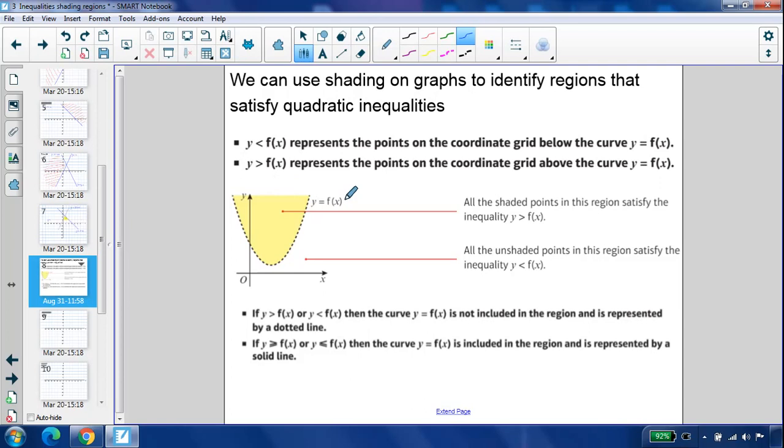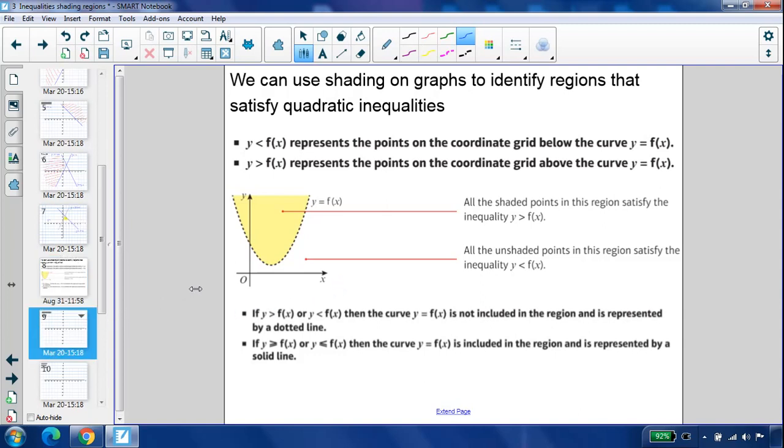Y is greater than f of x represents the points on the coordinate grid above the curve, so anything above here. Now we would use the same process, so a dotted line represents a greater than or a less than sign, and a solid line represents a greater than or equal to or a less than or equal to sign.